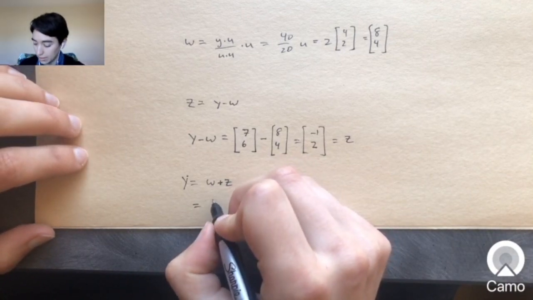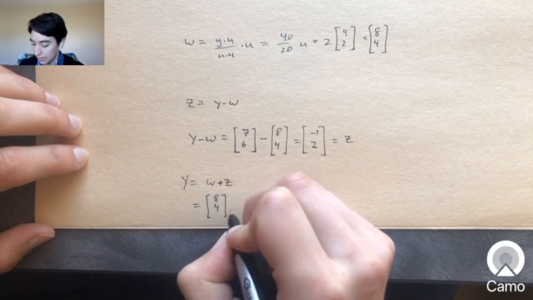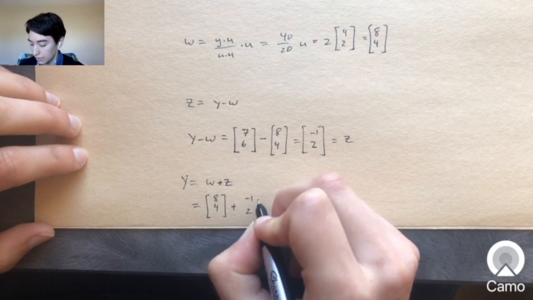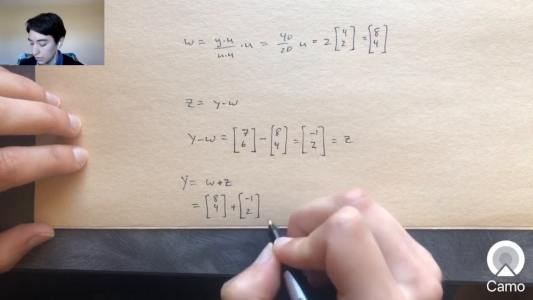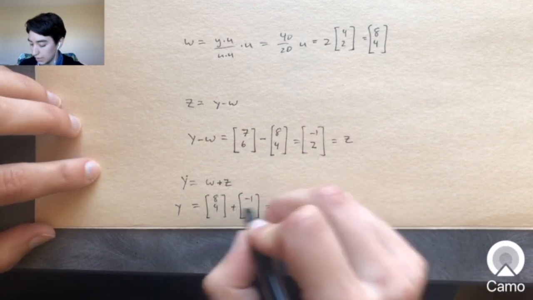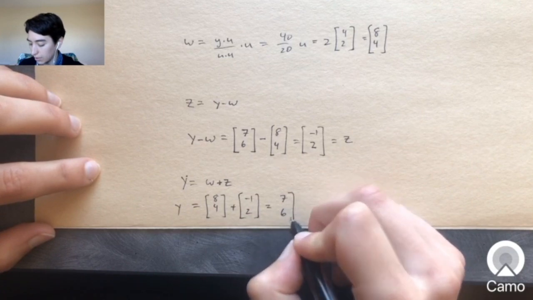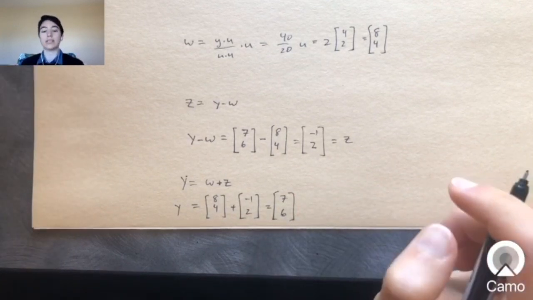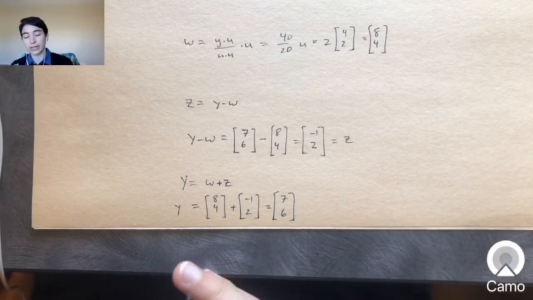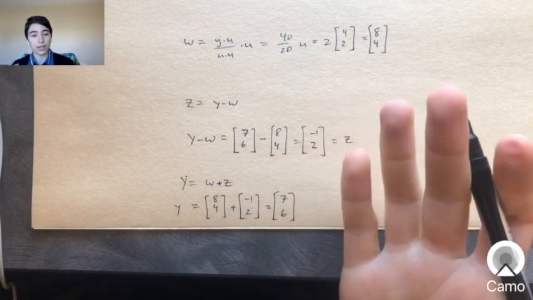We can say w, which is 8, 4, plus z, which is -1, 2, should be equal to y, which is, okay, 8 minus 1 is 7, 6. Okay, cool, we got y back. Neat. We were able to generate y from a combination of w and z. Ta-da!